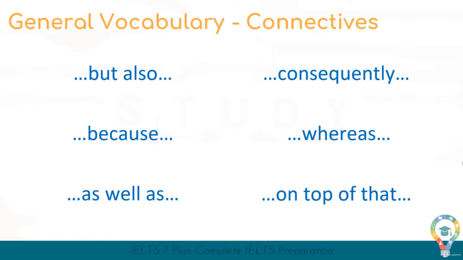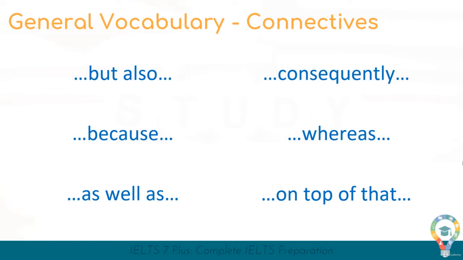So we have, starting from the top, but also, because, as well as, consequently, whereas, on top of that. So just to make clear, connectives are used in the middle of a sentence to connect ideas together or to give extra detail, or in a similar way to opinion openers, they could also be to possibly show a contrast in thinking or opinion.